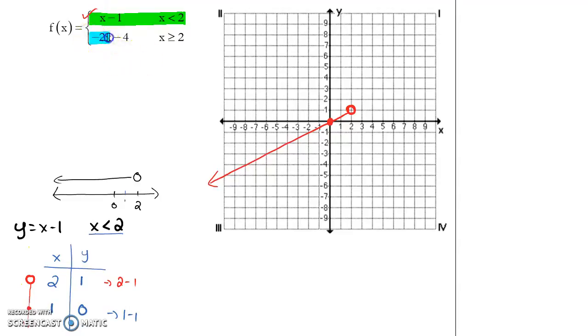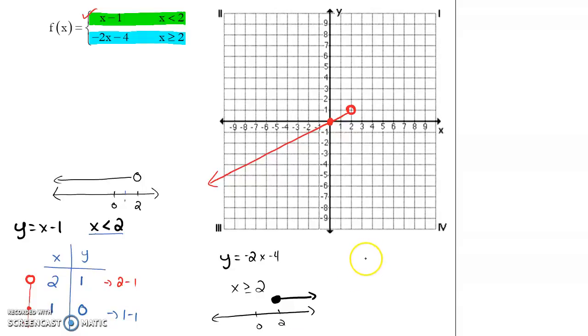For my second piece of the piecewise function, something similar. I have y is equal to negative 2x minus 4, so long as x is greater than or equal to 2. In this case, on my number line, at 2 I would have graphed it with a closed circle.